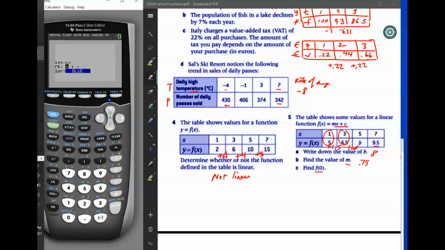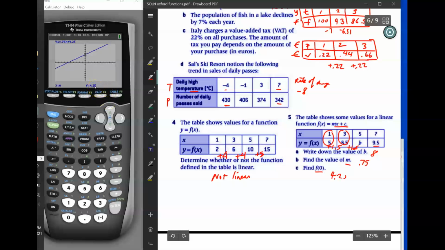Okay, now let's graph, and it's not going to graph those 2 points. And then I'll do trace 0. Yeah, now it's acting normal. Okay, and the y-intercept is 4.25. What a surprise! Actually, not a surprise at all, because you remember, when you did stat calc ln reg, the b value is 4.25. Okay? I think that's it for this page.